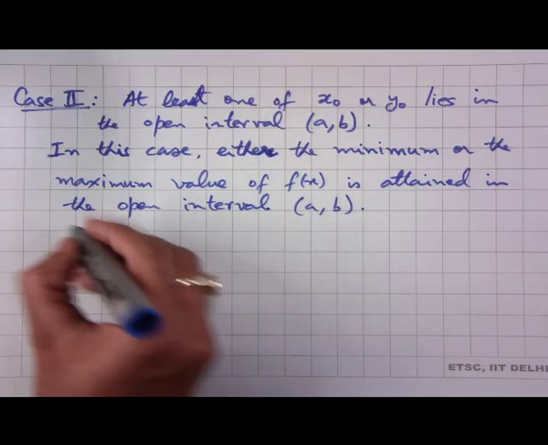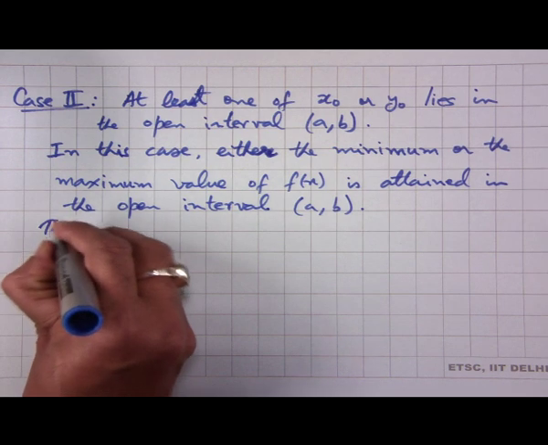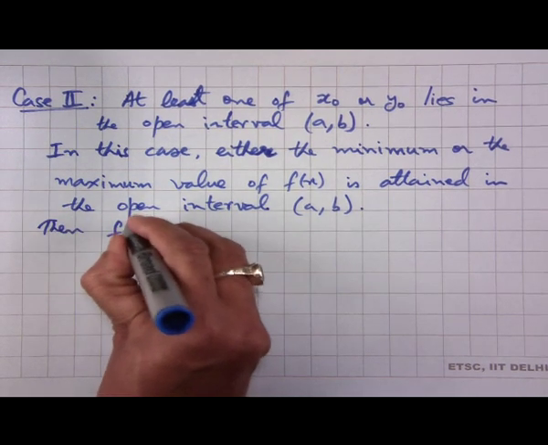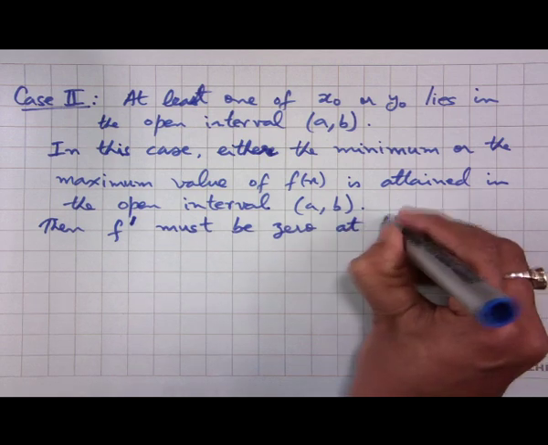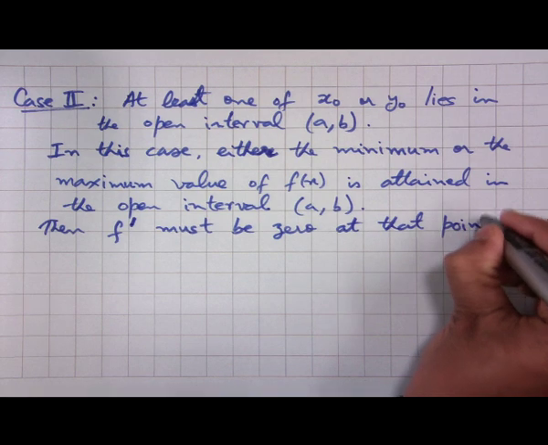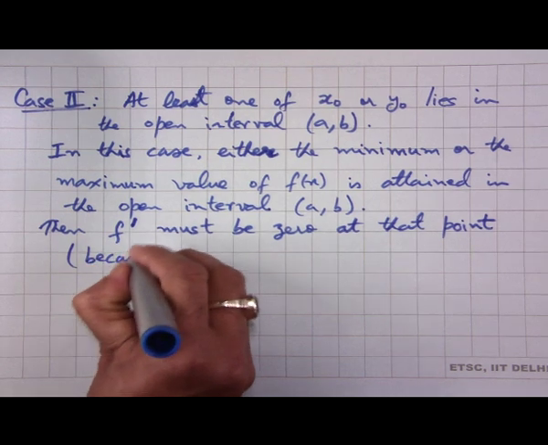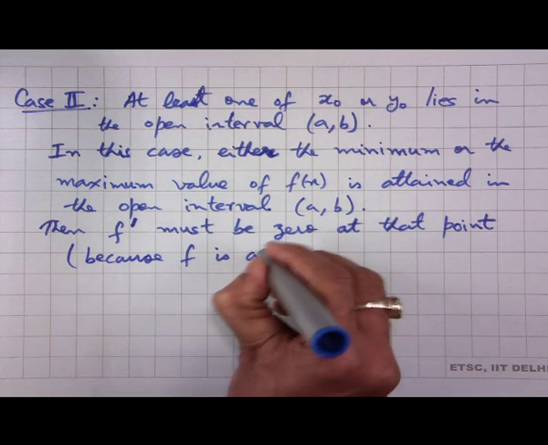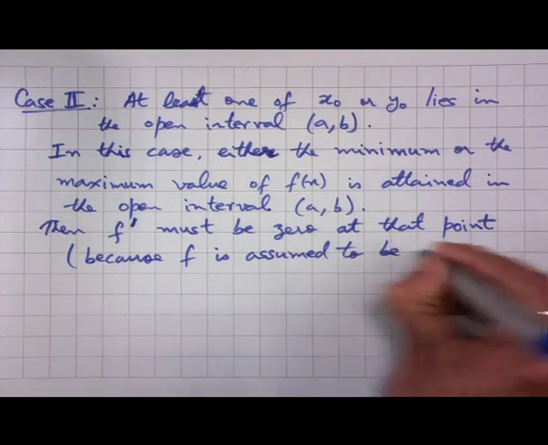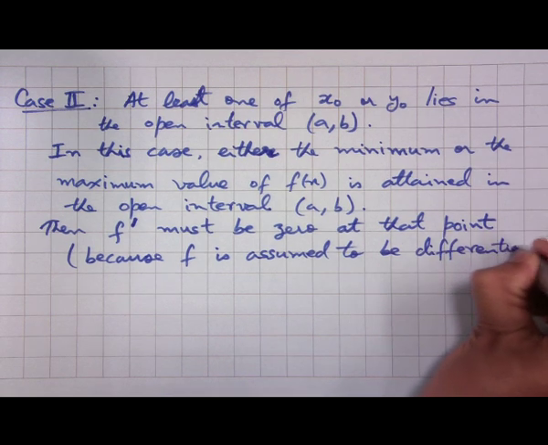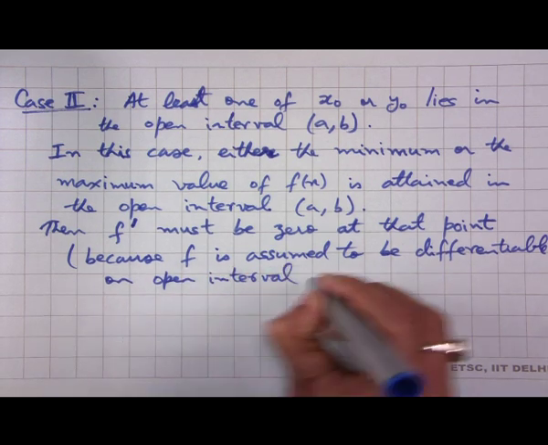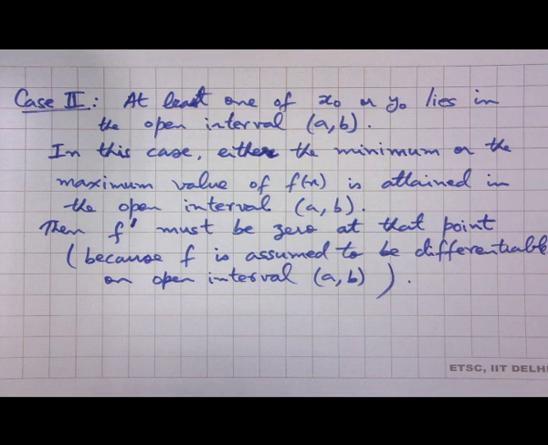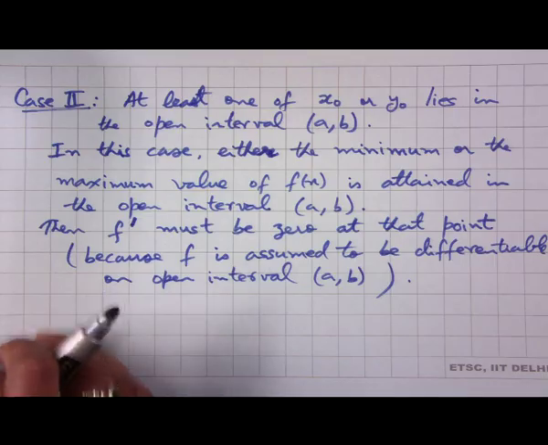So, then f prime must be 0 at that point, because f is assumed to be differentiable on the open interval (a, b). So, this proves Rolle's theorem.